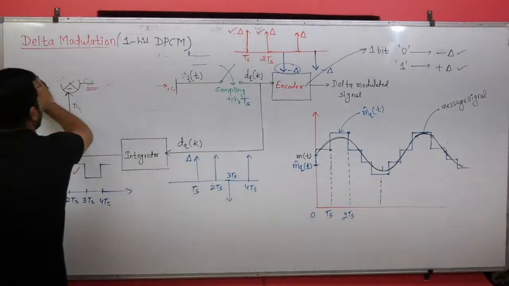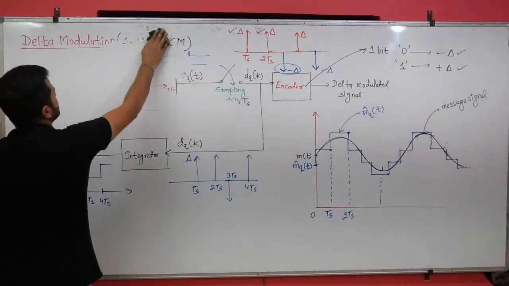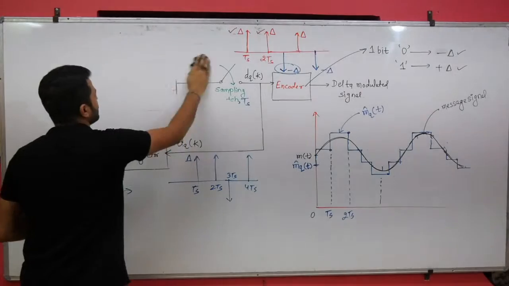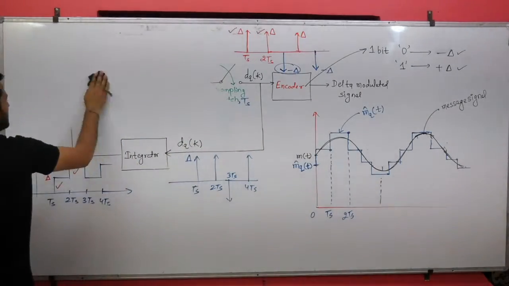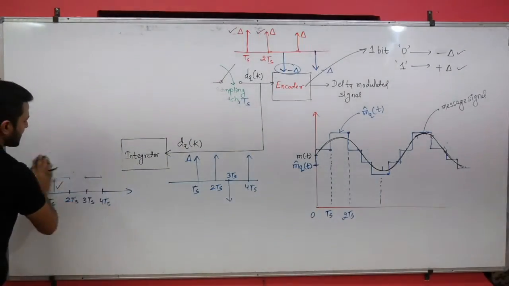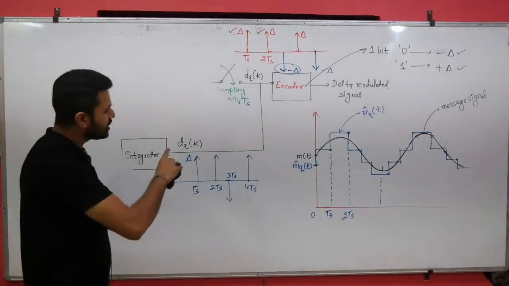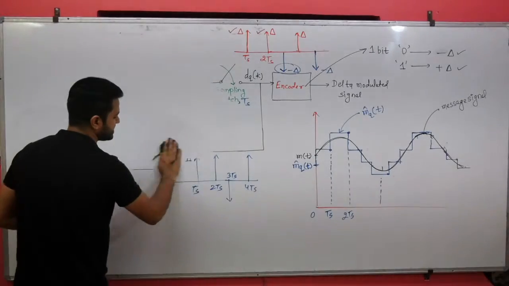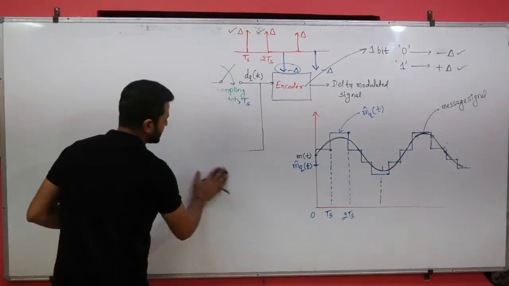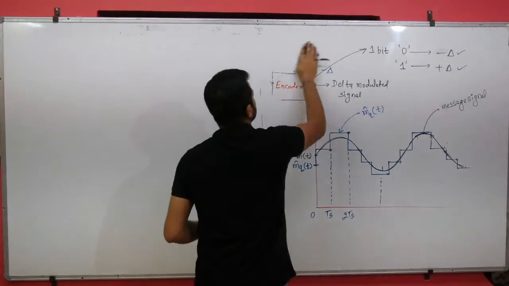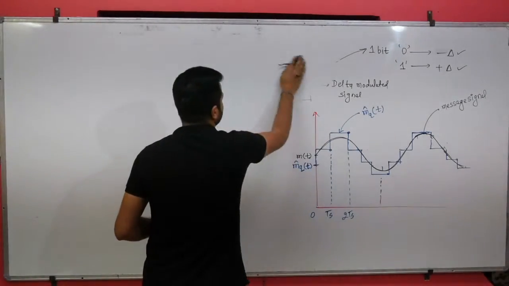As I told you, in the DPCM, the differential pulse code modulation, the receiver is nothing but the feedback path of the transmitter. So here also in the delta modulation, the receiver is nothing but the feedback path of the transmitter.